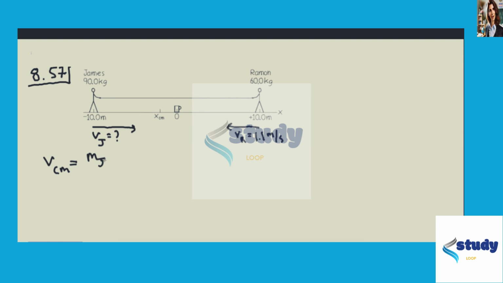So it'll be James's mass times his speed plus Ramon's mass times his speed, although I just said those in the reverse order in which I wrote them. But multiplication is commutative, so let's not spend too much time worrying about that.